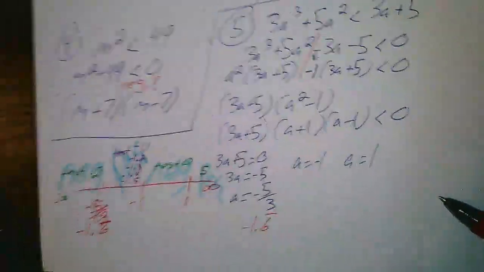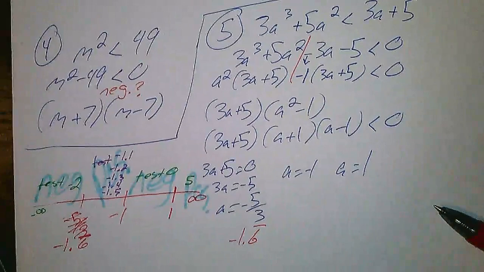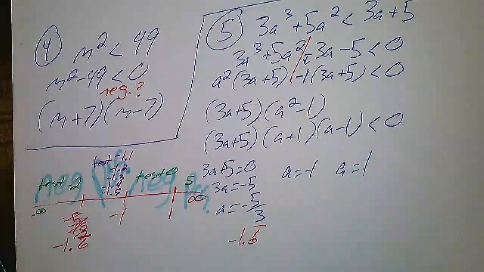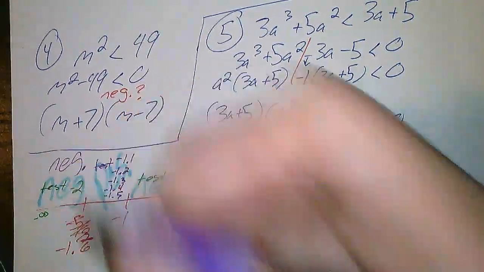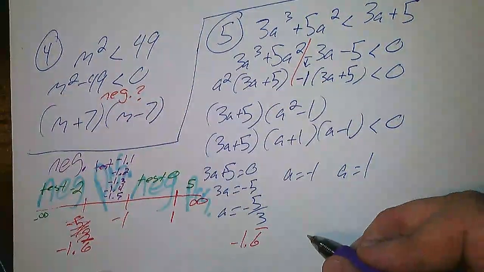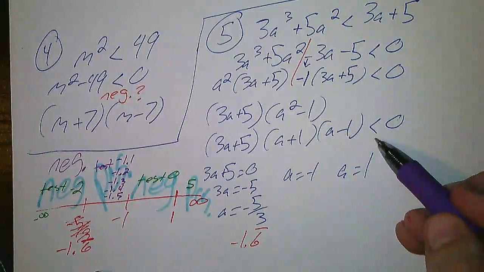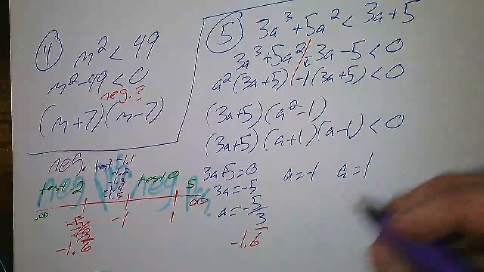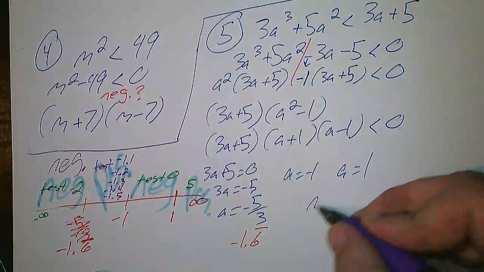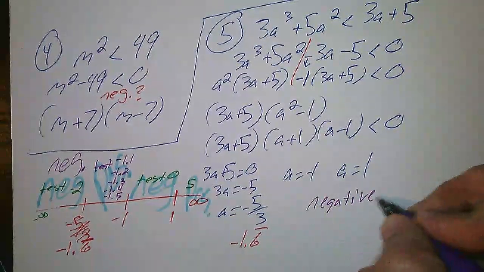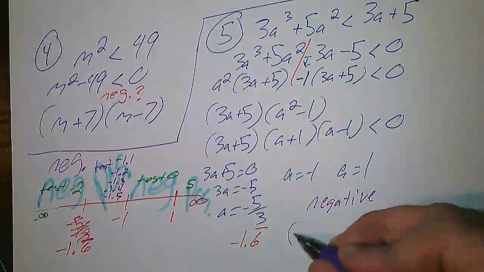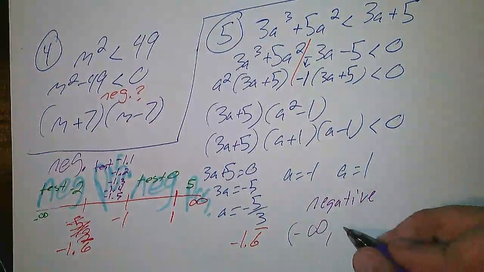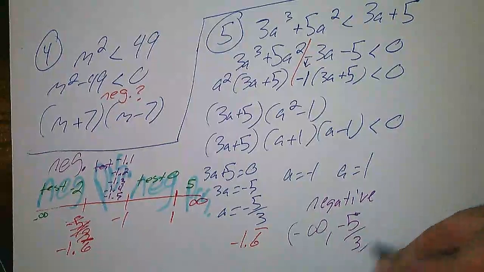Let me move this up. So again, all we care about is where the graph is positive or negative. We are negative, with no line under the symbol, so parentheses all the way around. The function is negative, the graph goes below the x-axis, from -infinity to -5/3.